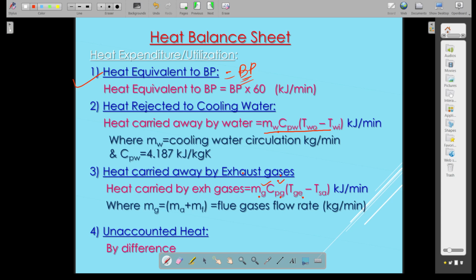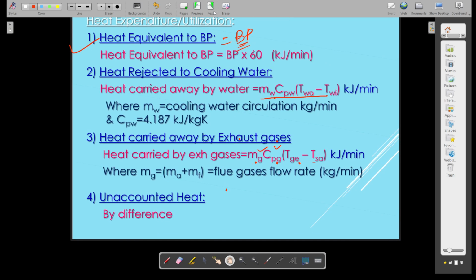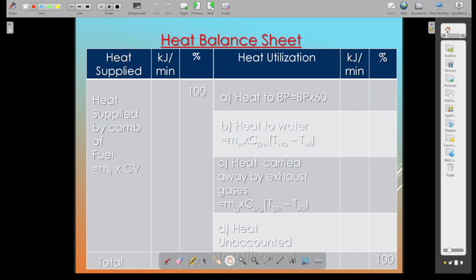So here that is mass of the exhaust gases, CP of the exhaust gas, temperature minus the room temperature. And heat which is unaccounted is the difference, that is QS minus QBP minus QW minus Q exhaust will be heat unaccounted. Okay.